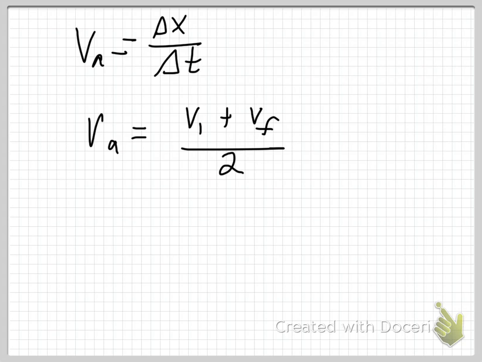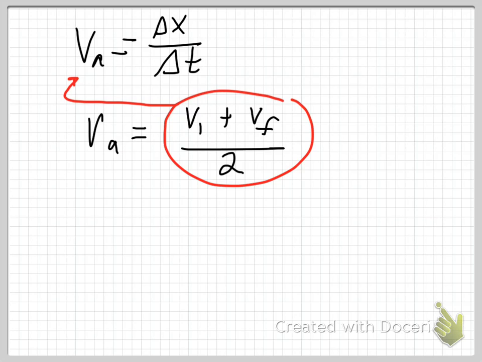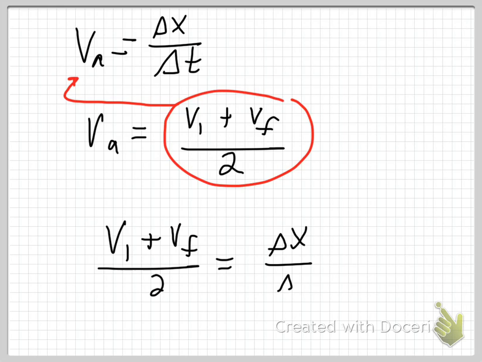Well, what that means we can do, and this is what we're going to do a lot of today, is substitute that in for average velocity. So what we get next is (VI + VF)/2 = Δx/Δt.